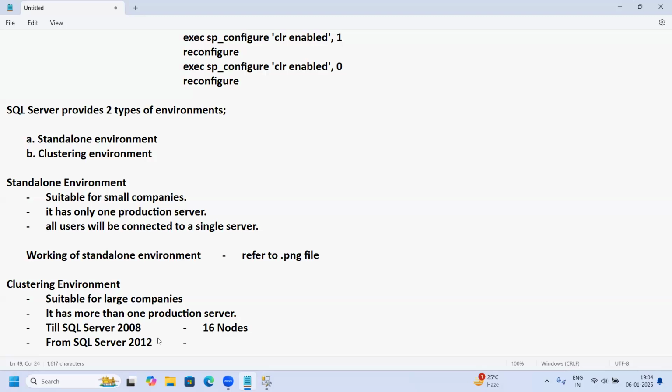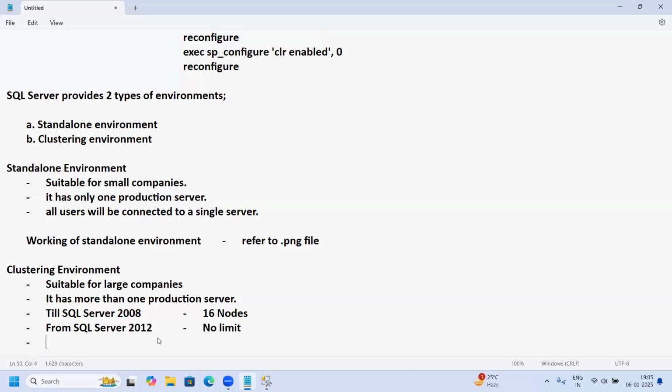From SQL Server 2012 and later, whatever versions we got, 14, 16, 17, in all those releases, they said clustering environment now has no limit. You can have as many production servers as you want. Till SQL 2008, we used to have 16. From 2012 onwards, that limit is removed. There is no particular number now.